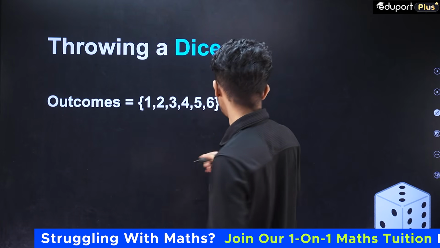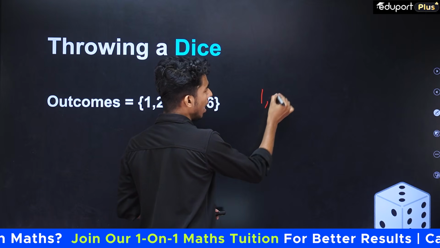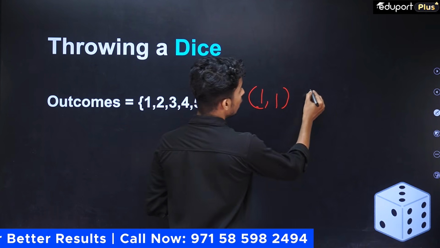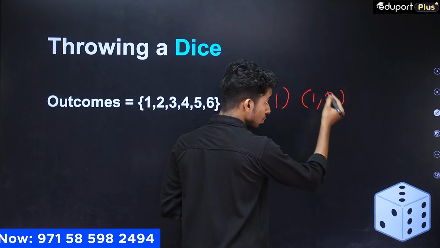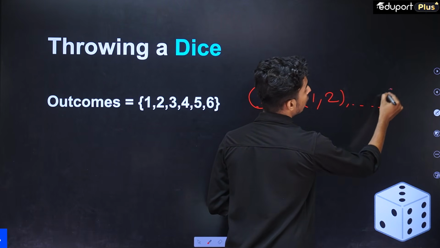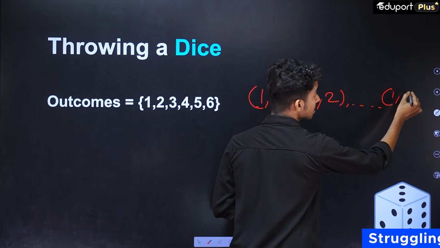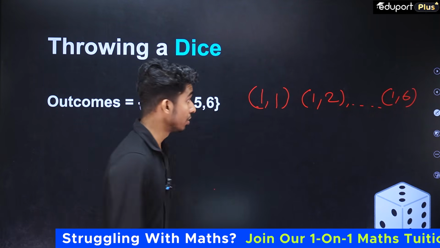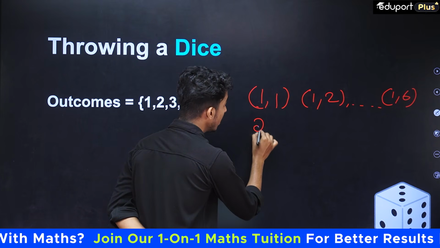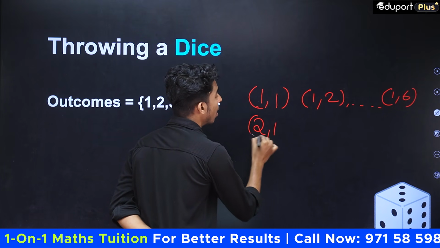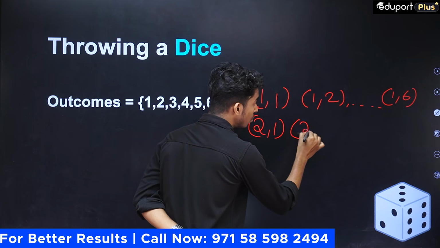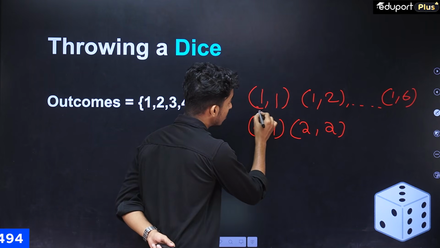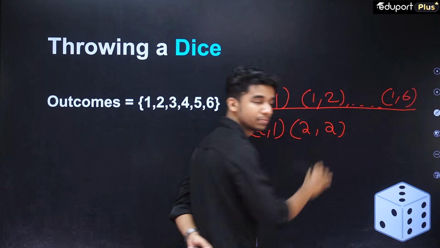The first one will be 1 and the second will be 1. First one 1, second one 2. Going like that, first one 1 and second one 6. Similarly, first one 2, second one 1, first one 2, second one 2.